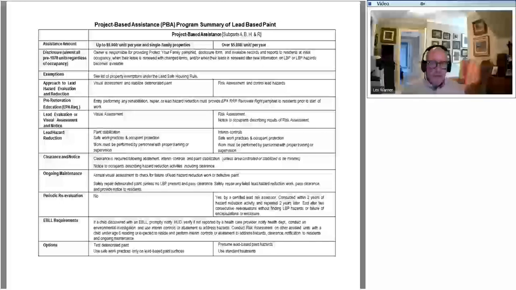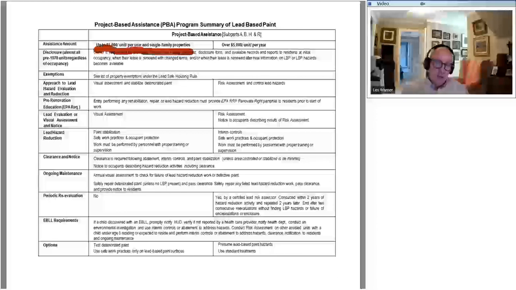So when we look at the subpart chart, there are some things I want to point out that relate to this question. Yesterday we had some examples, and they included when they identified that they had a single unit in a property that only included 4 units. So you'll see in this definition, in the category for up to 5,000 per unit per year, single-family properties.